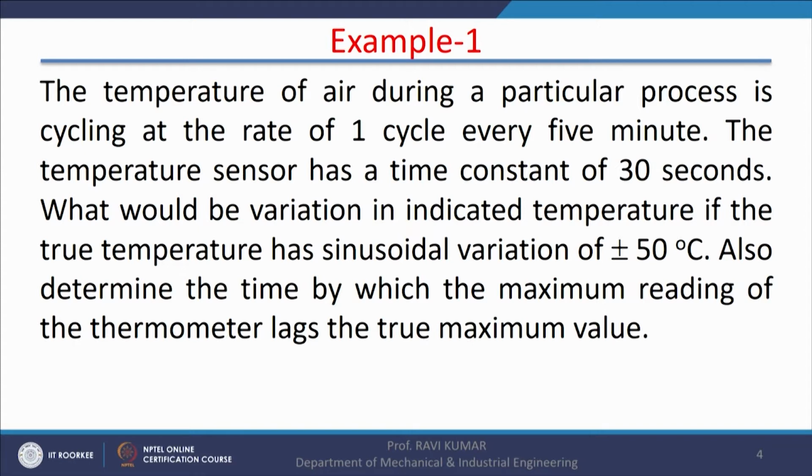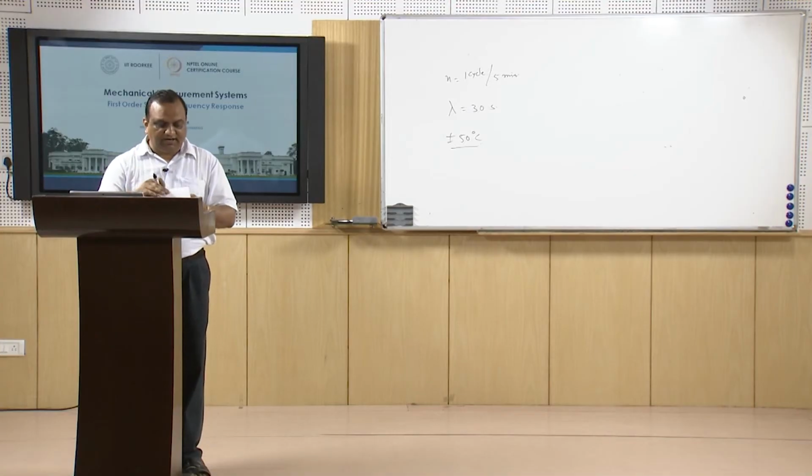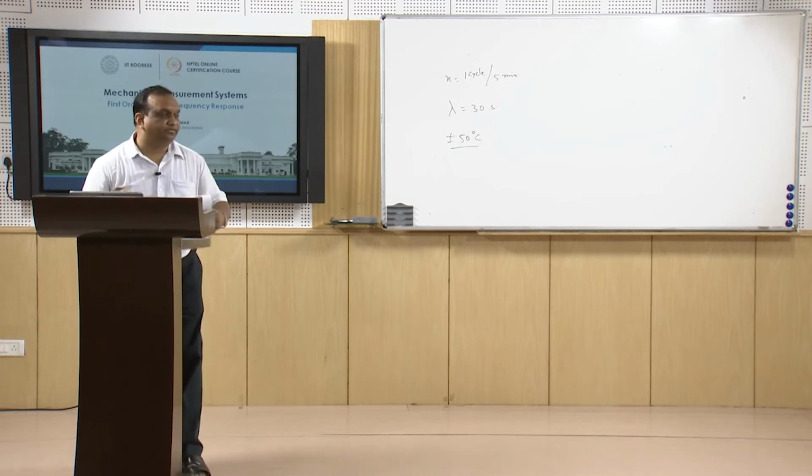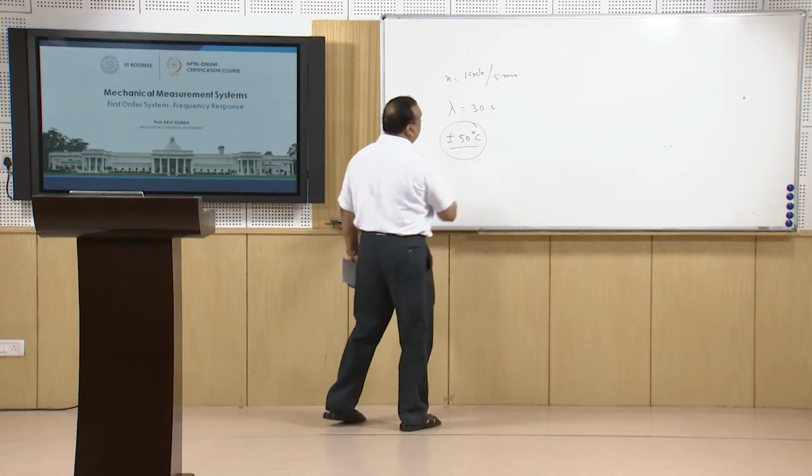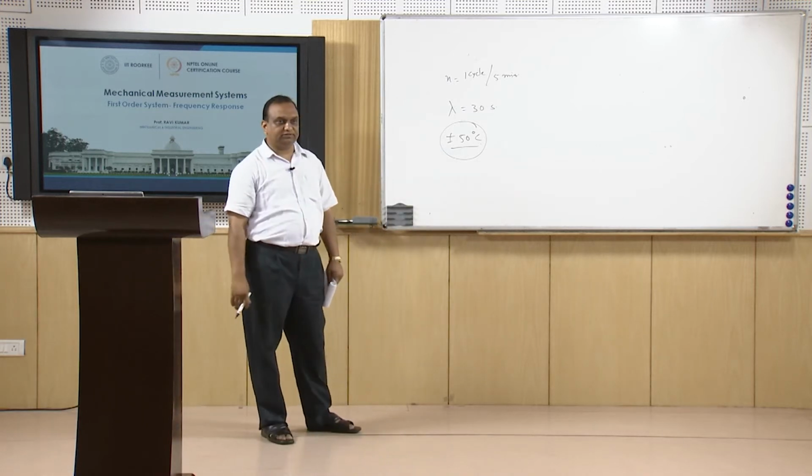The cycle is 1 cycle every 5 minutes, and the time constant of the measuring instrument is 30 seconds. We have to find the variation in indicated temperature, as opposed to the actual variation, by the temperature sensing device.